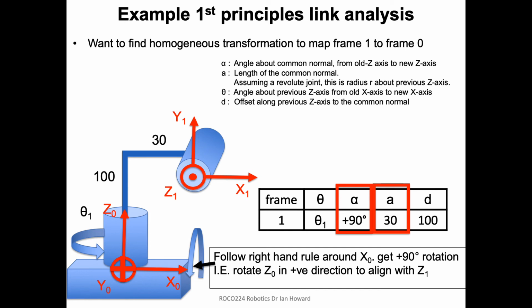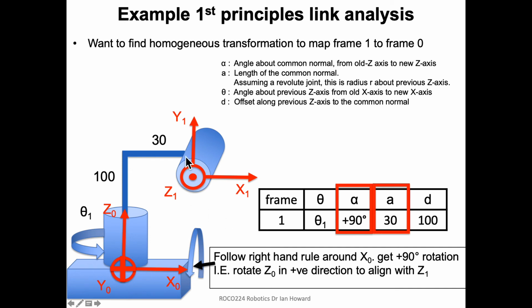Well, what we see is how far apart are the z-axes? And what we see is that Z0 and Z1, after it's been rotated back, are separated by 30 units here.